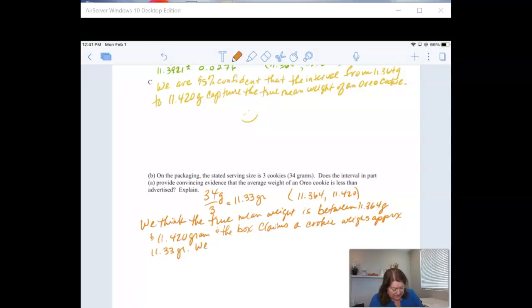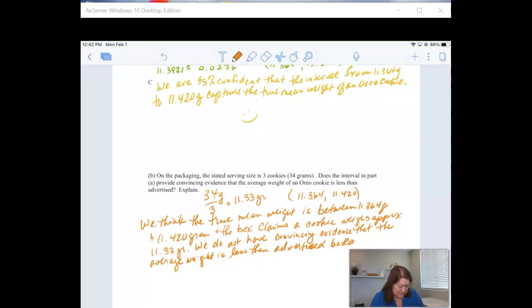So we do not have convincing evidence that the average weight is less than advertised. And we want to tell them how we got to that.